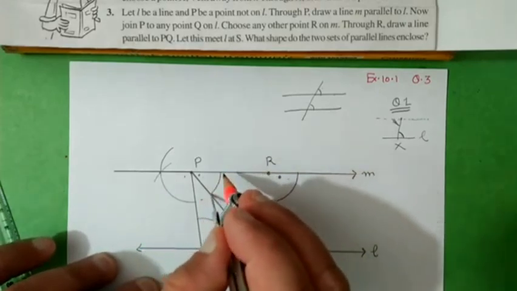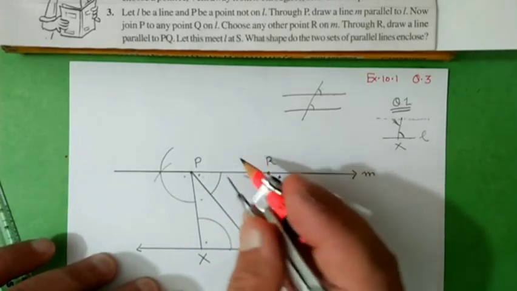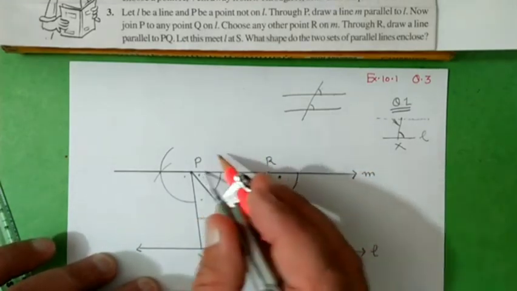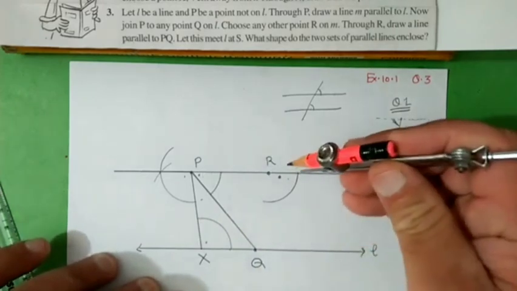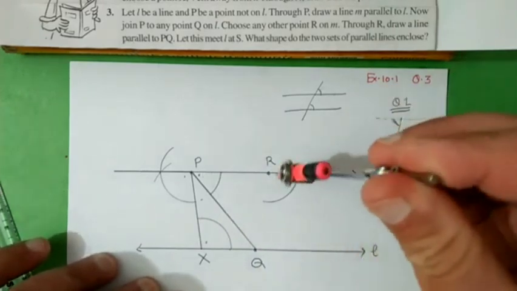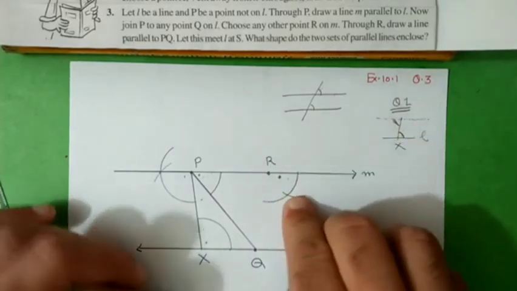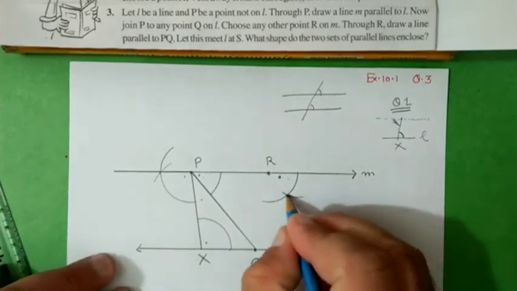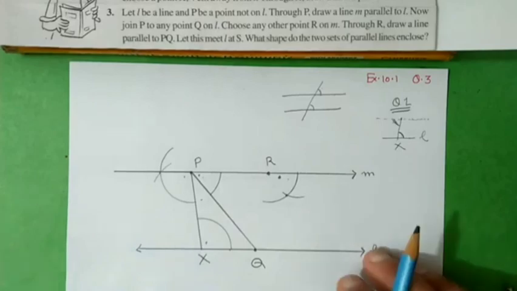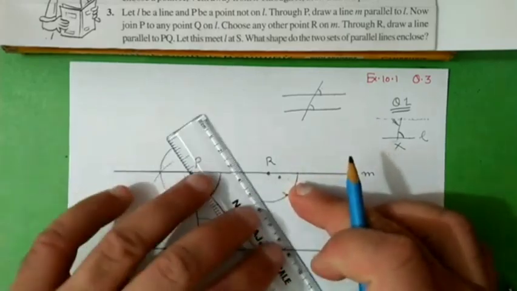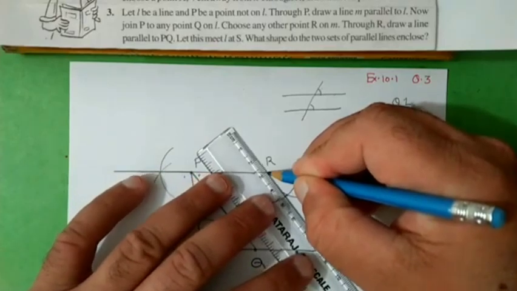By taking the compass we will take the same length of arc from point Q, which is on line L, and I will draw the intersection point here. So you can see this, we get 2 points here, this R point and the intersection point. Now I will draw a line parallel to PQ by using a ruler.